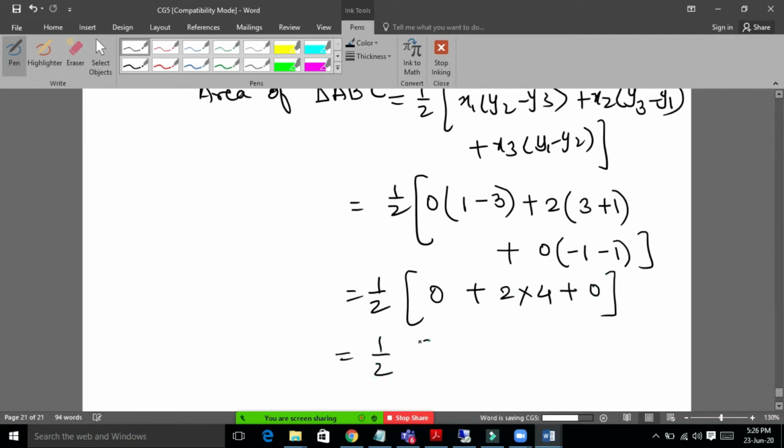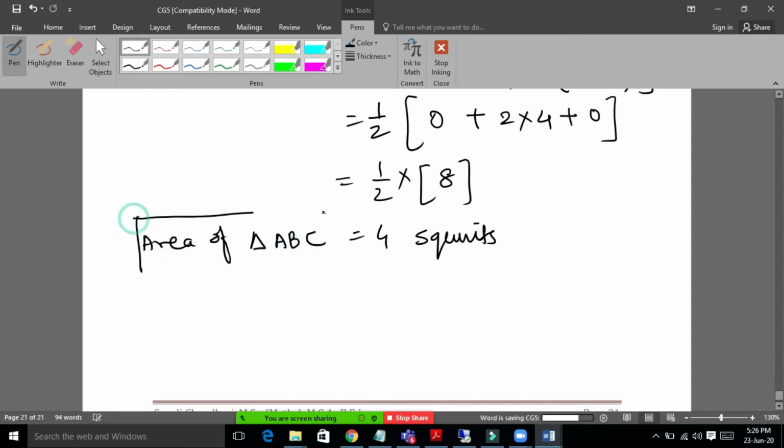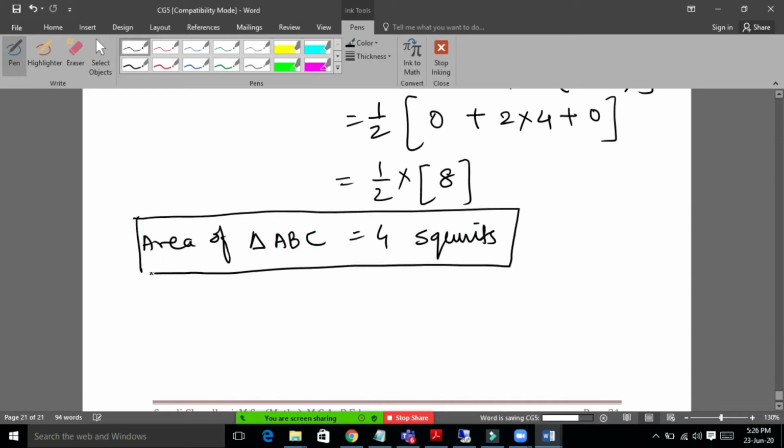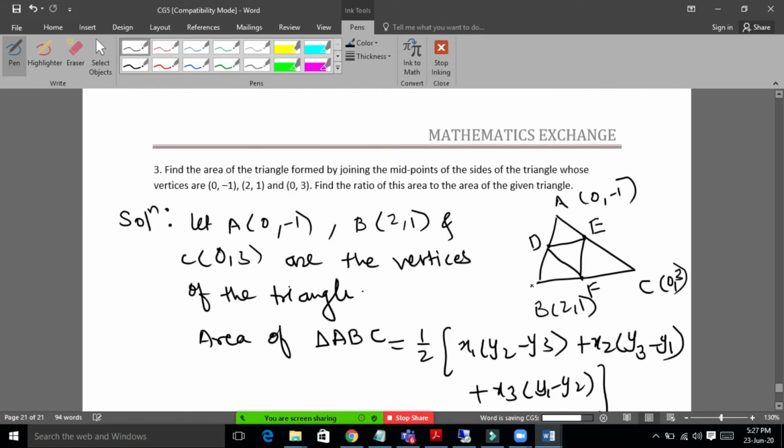So that is equal to half into 8, so we get the area of triangle ABC as 4 square units. Now the next thing we have to find out is the coordinates of the points D, E and F.